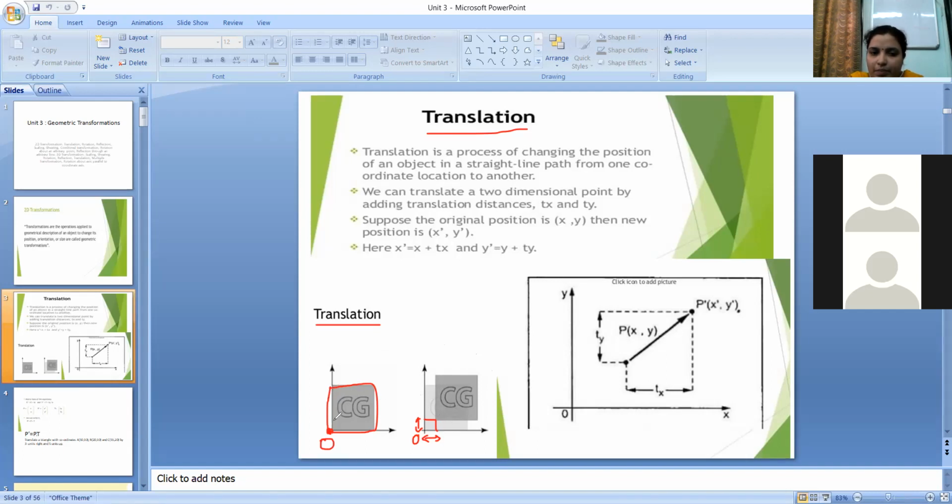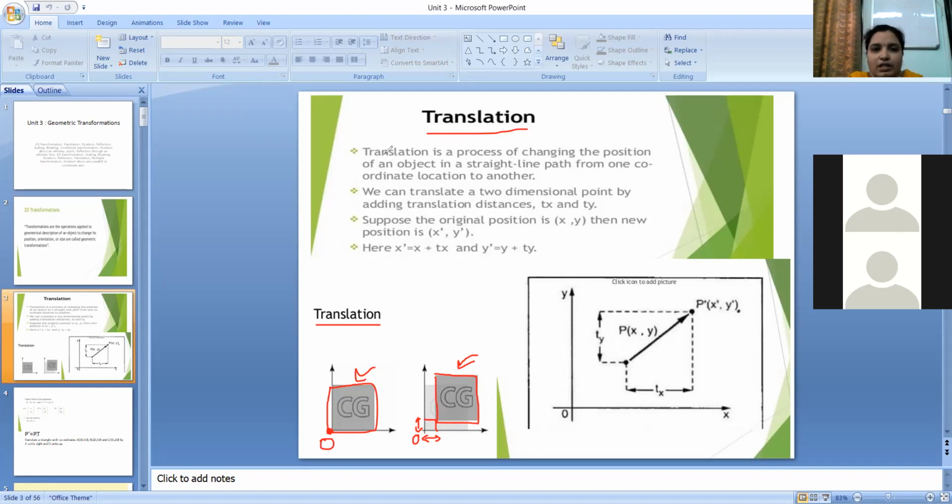Yes, I am simply picking this object up and placing it in some other location. That is called translation. Whenever we take the translation of a two-dimensional object, you only have displacement, but the original dimensions of the object, whatever was there before translation, are the same after translation. Only its location changes.